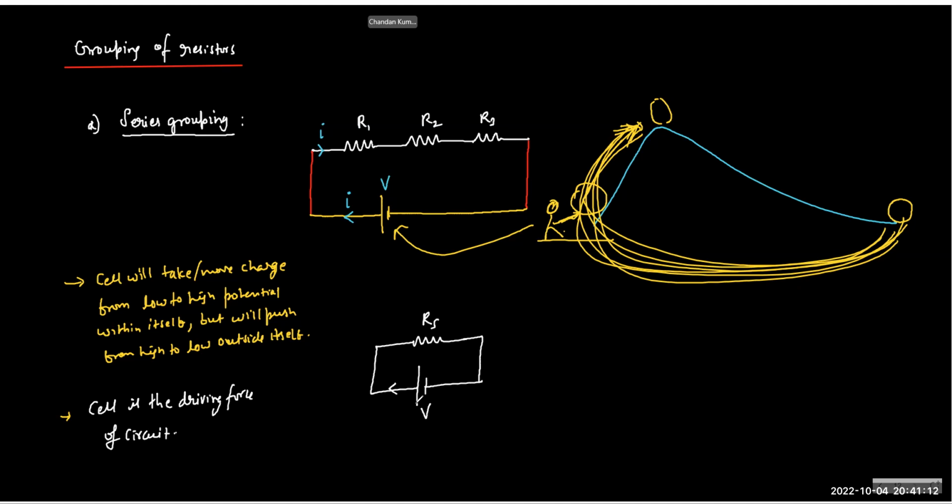So when you say equivalent resistance, then this should always let the circuit draw the same current as before. So what should remain the same in the equivalent circuit? The flow of current under the same potential difference. Understood? Yes.